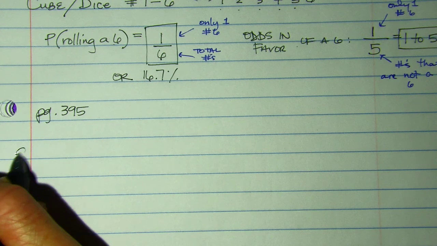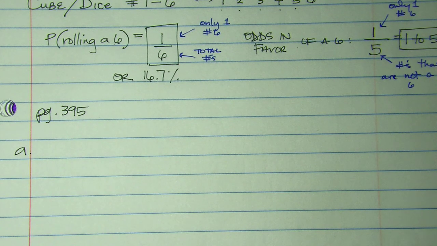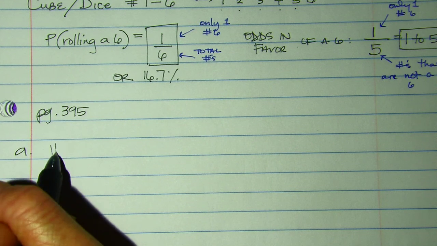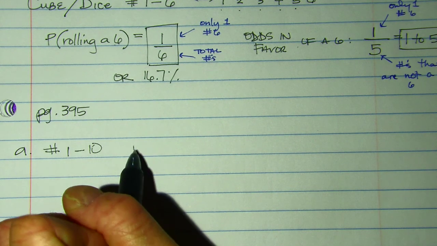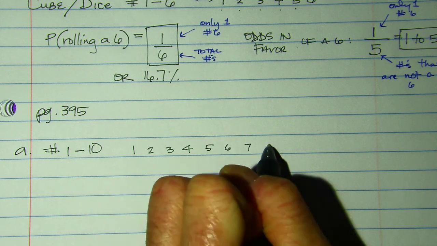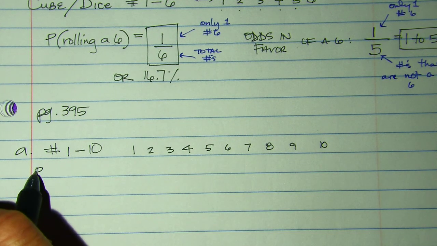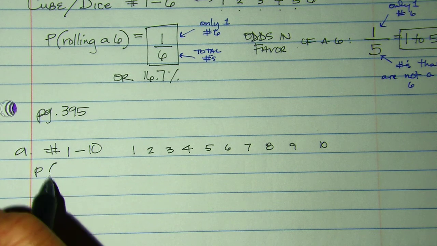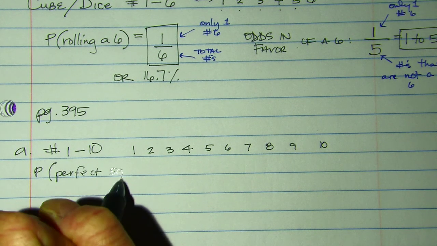So part A, I have the book right here. A calculator program generates random numbers from 1 to 10. So I'm going to go ahead and list that. It's 1, 2, 3, 4, 5, 6, 7, 8, 9, 10. And it's asking what's the probability, if a number is randomly selected, that it's a perfect square.